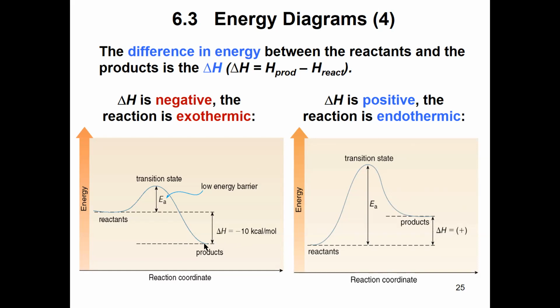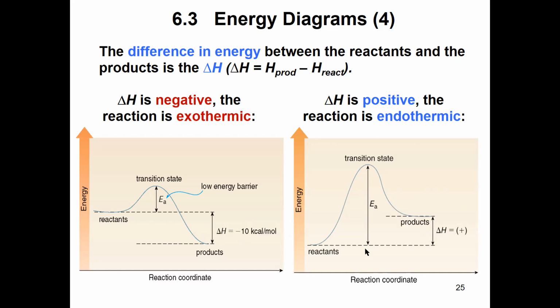Because the enthalpy of product is a lower number than the enthalpy of reactant, you get a negative value. So exothermic reactions will have a negative delta H. The delta H is the net amount of energy difference between the beginning and the end, so between the product and the reactant.